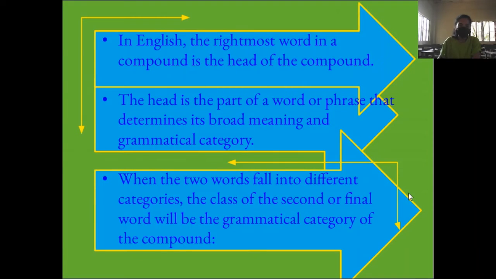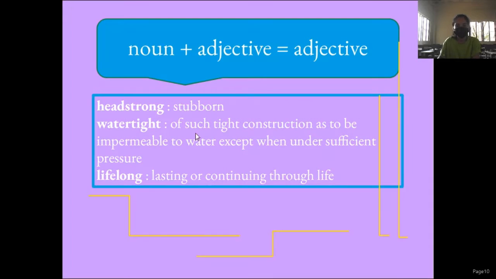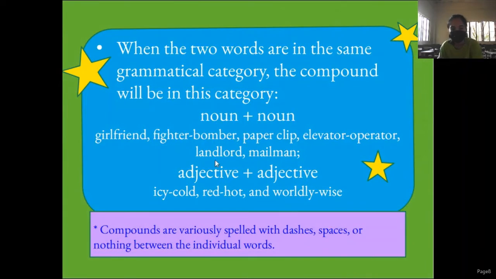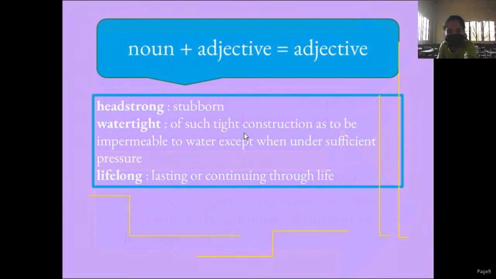In English, the rightmost word in a compound is the head of the compound. So let's make this an example. When the two words have different grammatical categories, maybe this one.